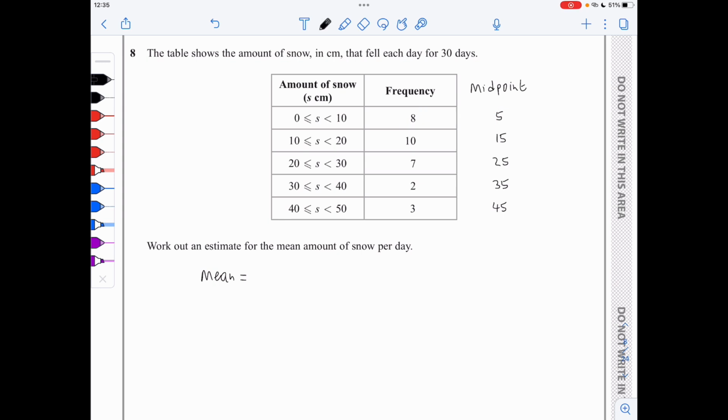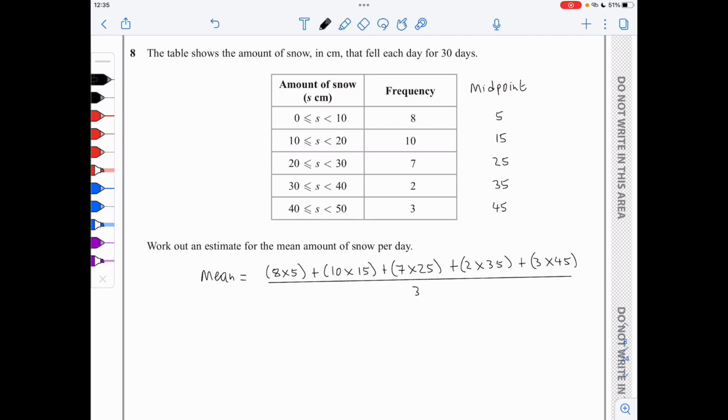So it's going to be 8 times 5 plus 10 times 15 plus 7 times 25 plus 2 times 35 plus 3 times 45, and all of it over 30, the total number of days.